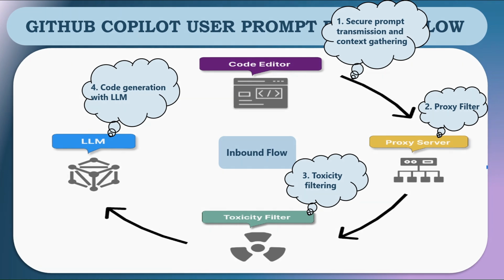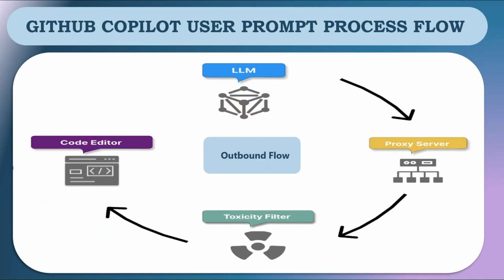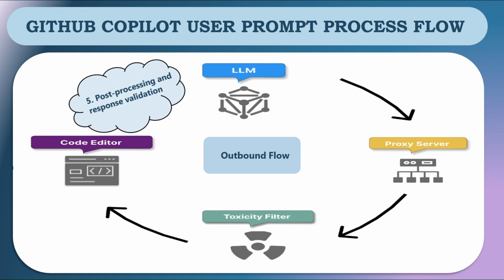Now let's move to the outbound flow. The outbound flow starts with post-processing and response validation, in which once the model produces its responses, the toxicity filter removes any harmful or offensive generated content.